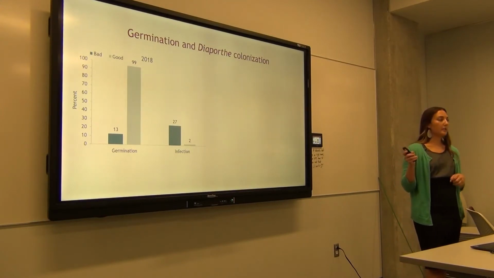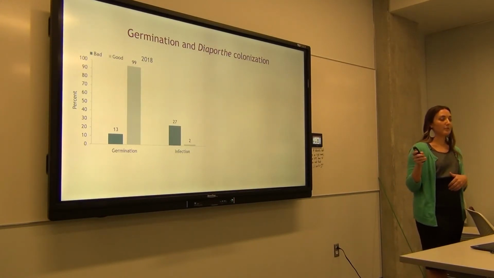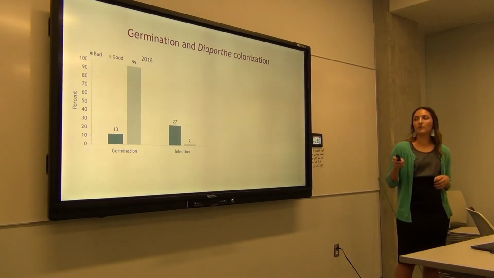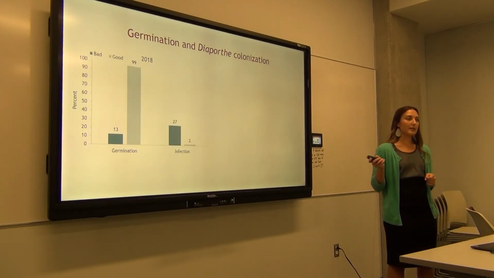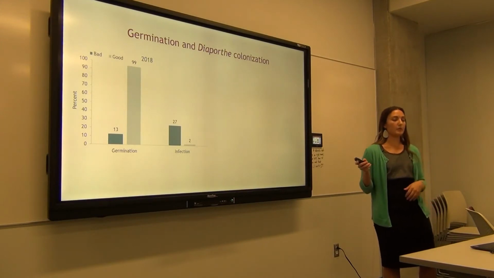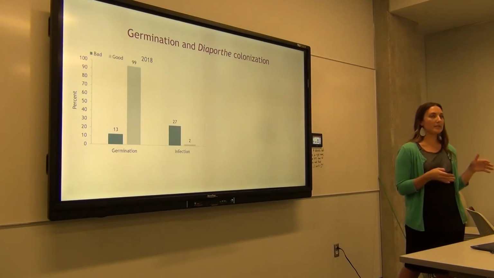And the good seed lot had an estimate of 99% germination. And for infection of Diaporthe, the bad seed lots had 27% Diaporthe infection, and only 2% was seen in the good. And again, these seed lots were harvested at different times, but they were the same variety.